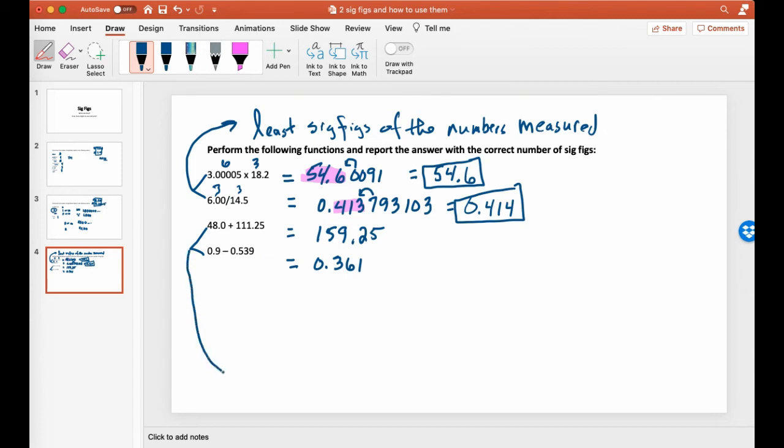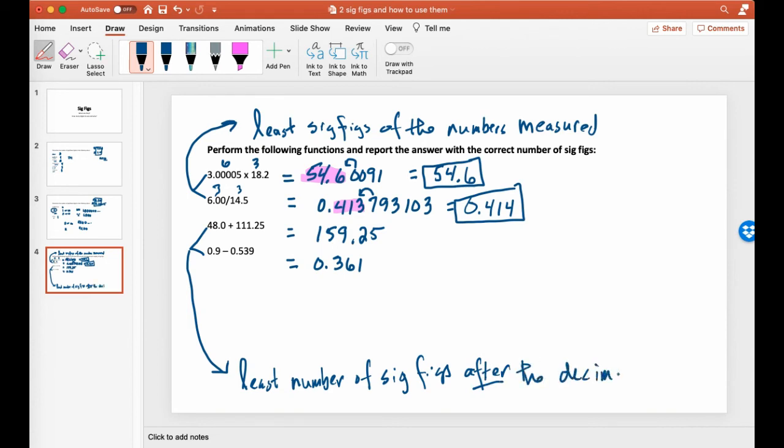Addition and subtraction. You want the least number of sig figs after the decimal. Okay, after the decimal.